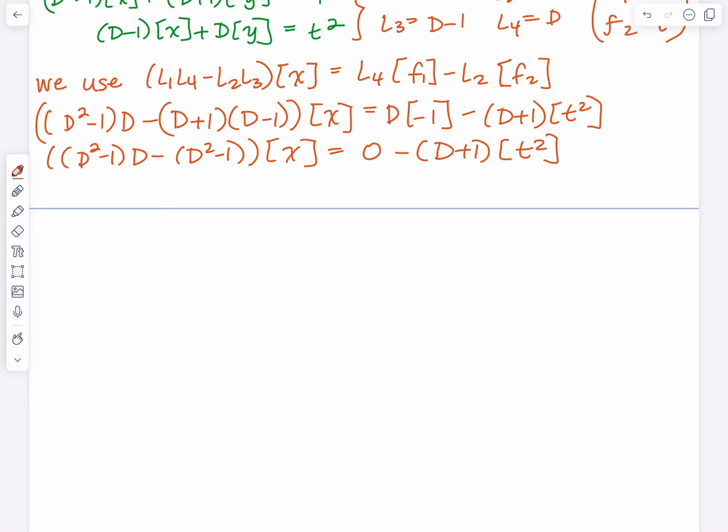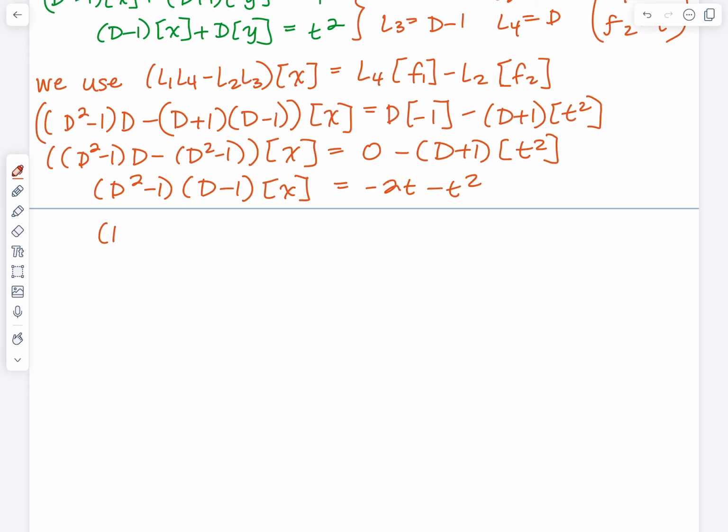So now, as you can see, we have d squared minus 1 multiplied by d minus 1. And you can see that right here, (d minus 1) of x is equal to, and then d of t squared with that negative is -2t minus, of course, we still have our t squared.